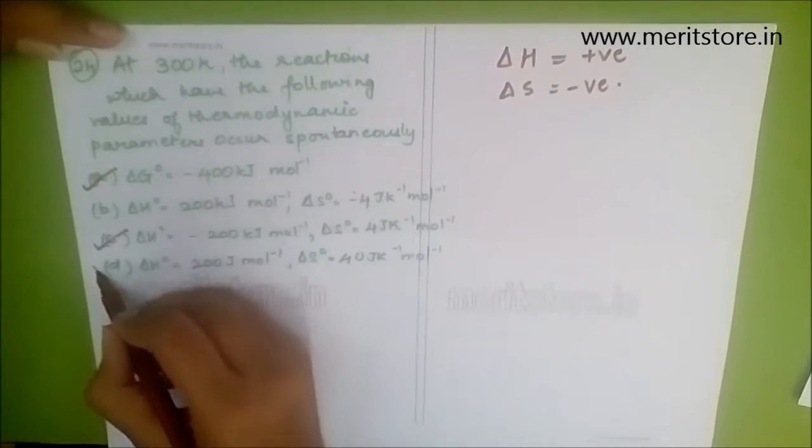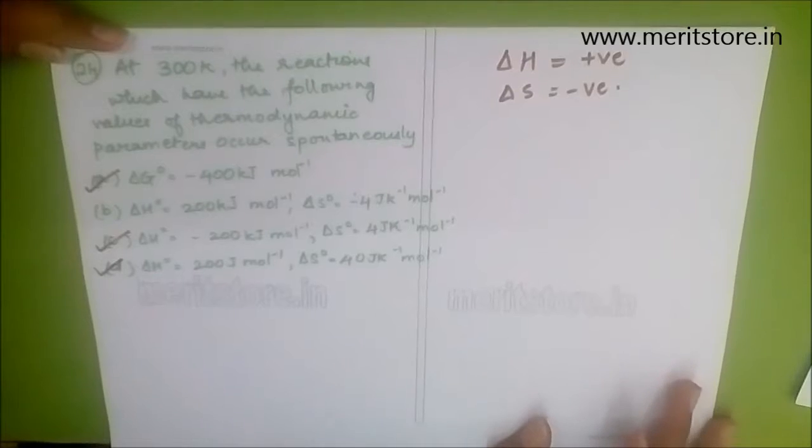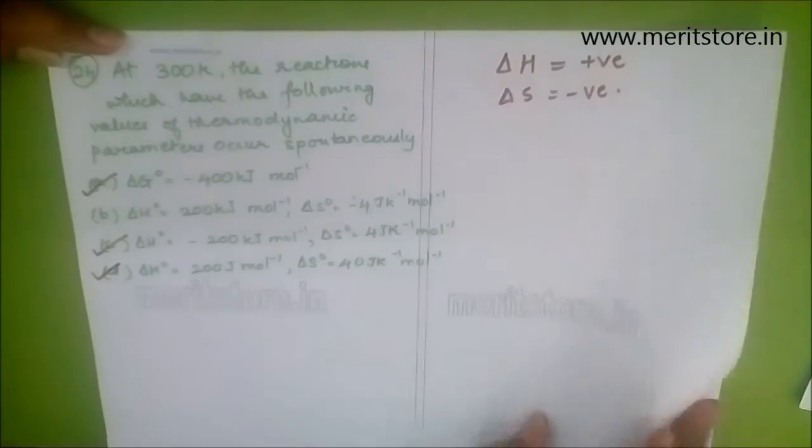The C and option D, where delta H and delta S are negative, positive respectively.